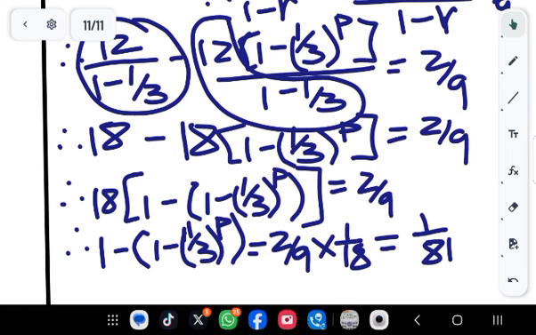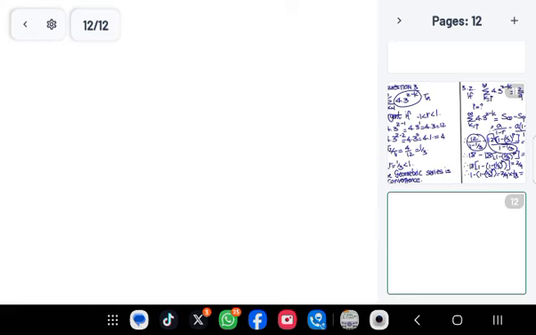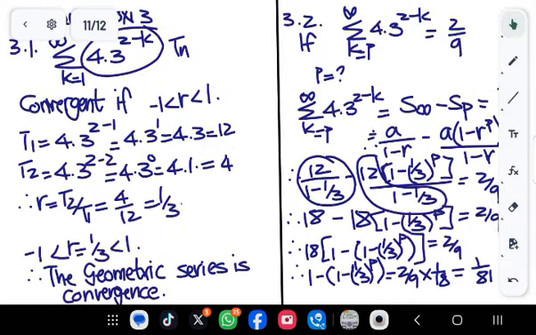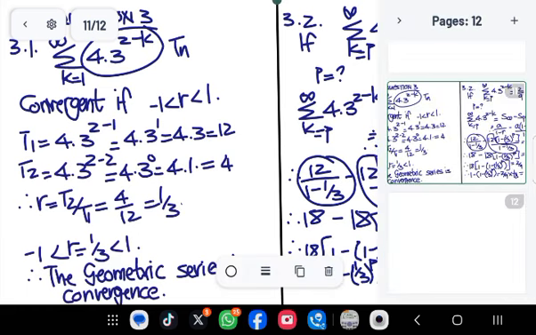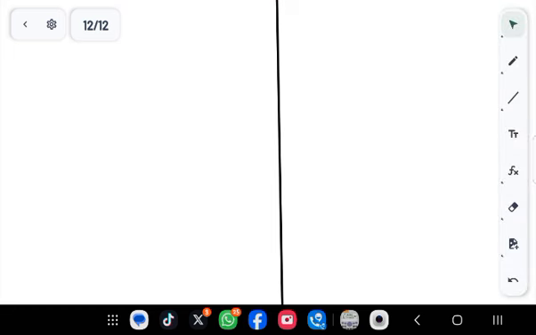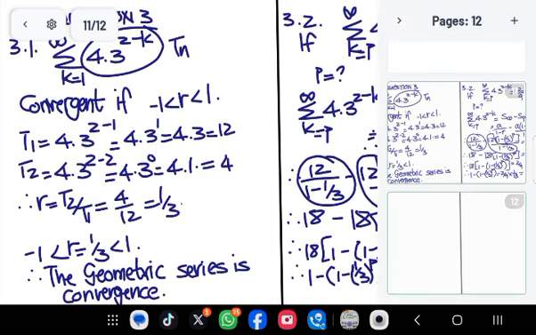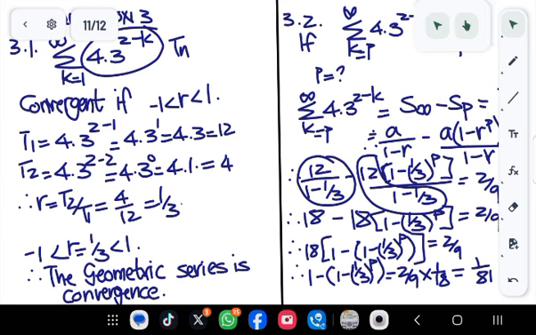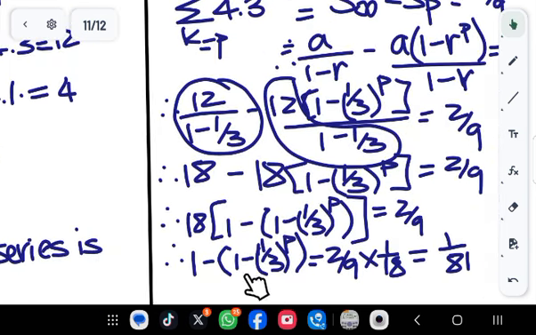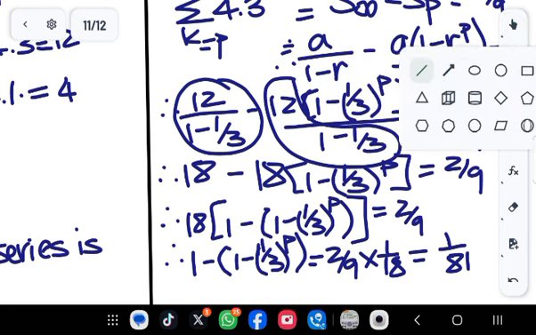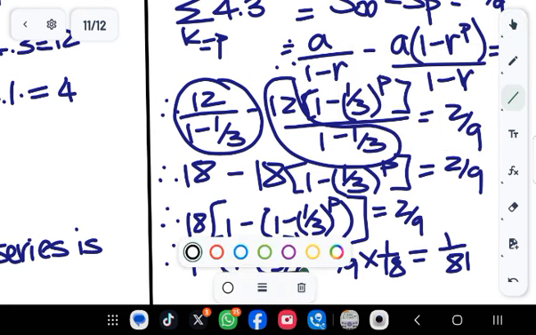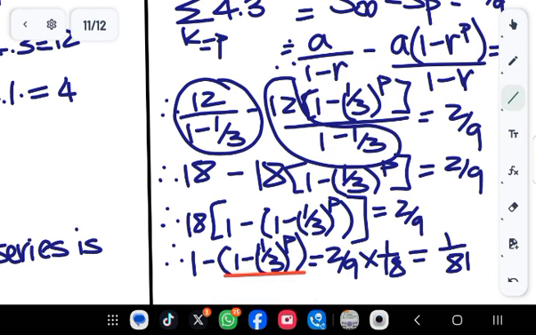Right. Let's add another page. There we go. So what we do now is we take this to the right hand side so it becomes positive, and then bring this to the left hand side.